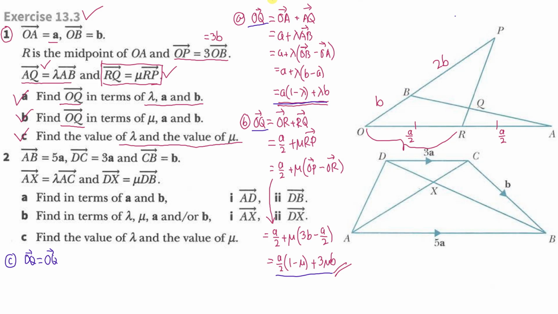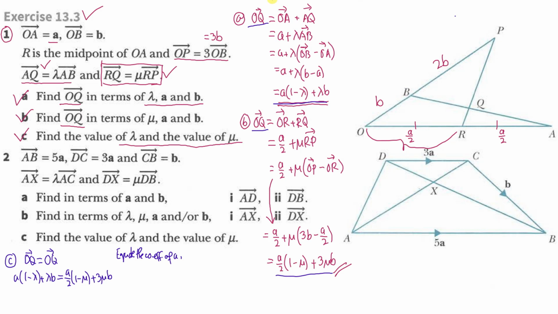So 1 minus lambda A plus lambda B is one expression, and the other is A by 2 times 1 minus mu plus 3 mu B. Let's equate the coefficient of A and the coefficient of B. Because it's a vector equation, we can equate them individually.